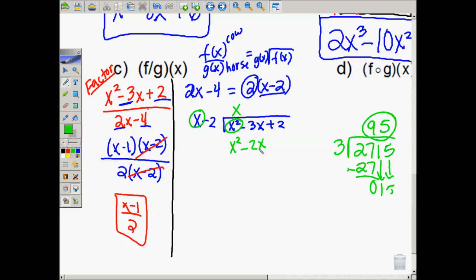Oh, I skipped a number. Thank you. Good job, guys. Do we understand what happened here? Because x times x is x squared, and negative 2 times x is negative 2x, right?